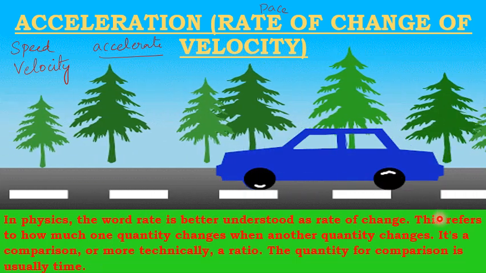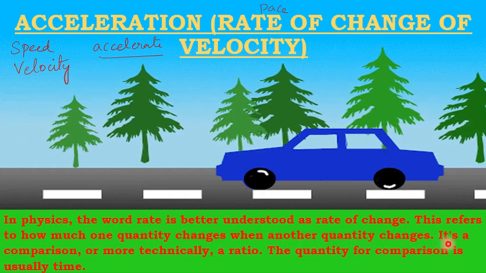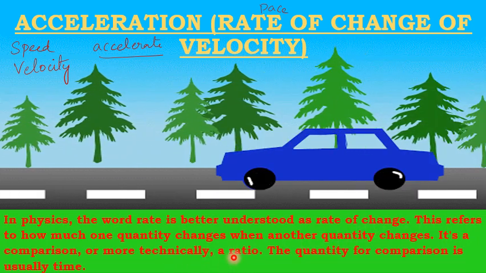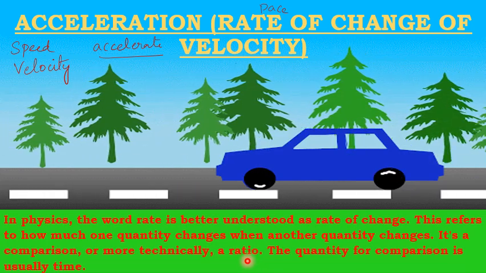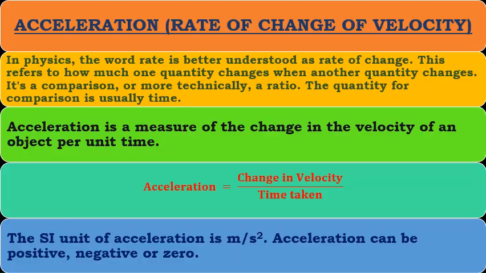So this refers to how much one quantity changes when another quantity changes, and from this we are able to compare something, so it is a ratio. Generally in physics, wherever we talk about the word rate, the quantity of comparison is nothing but time.